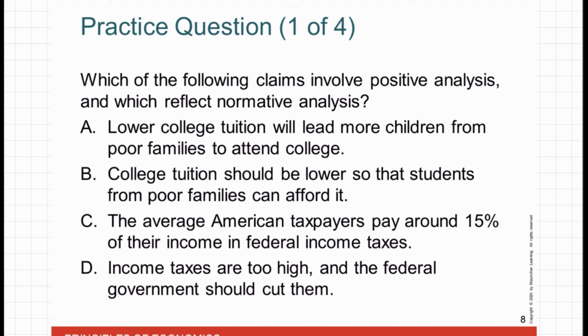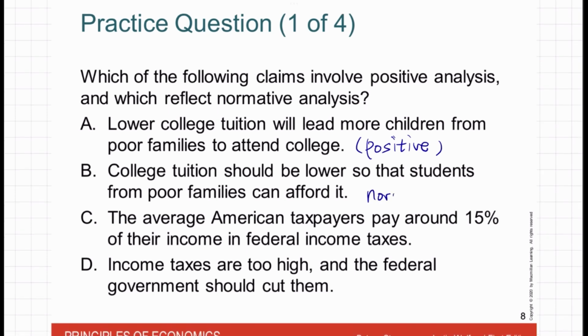So it is a kind of positive analysis. The second one is college tuition should be lower so that students from poor families can afford it. It is normative.